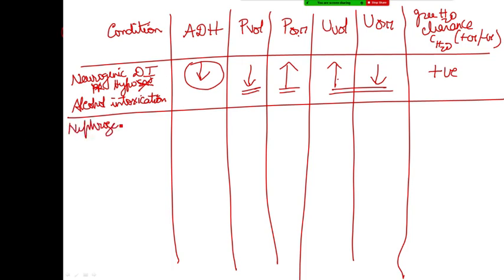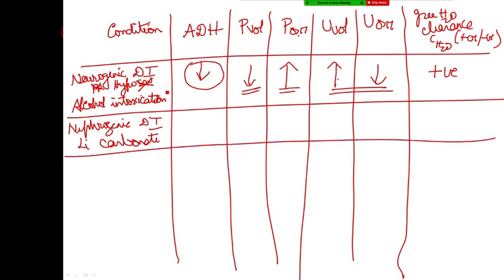Nephrogenic. And what is one cause for nephrogenic? Lithium carbonate, used to treat bipolar, can induce nephrogenic. There is a problem with the kidney, due to which your ADH cannot work, due to which your water cannot get reabsorbed and it starts getting excreted. Therefore, what will happen to your urine volume? It'll decrease.